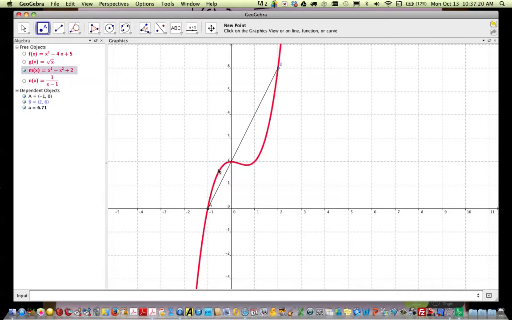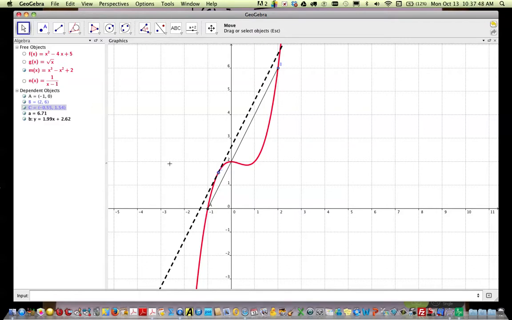So we put a point on the graph and ask for the tangent line to that graph at that point. Right there, that looks almost parallel to my other line. If I grab that point and move it slightly, it looks a little bit closer. So it looks like right there is one of my answers.